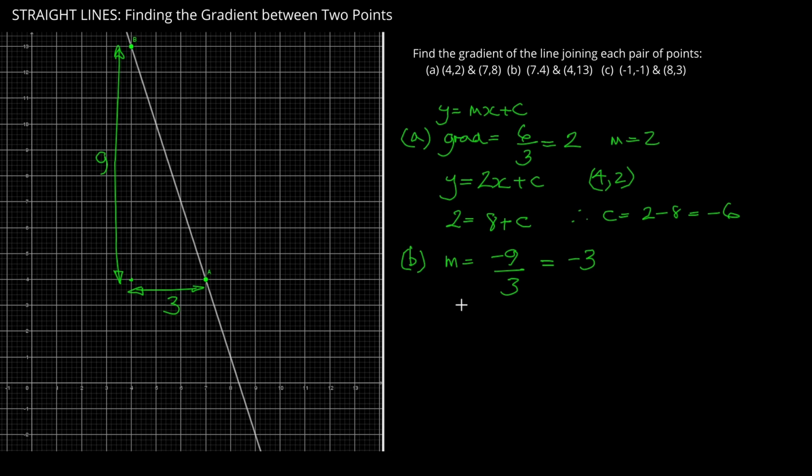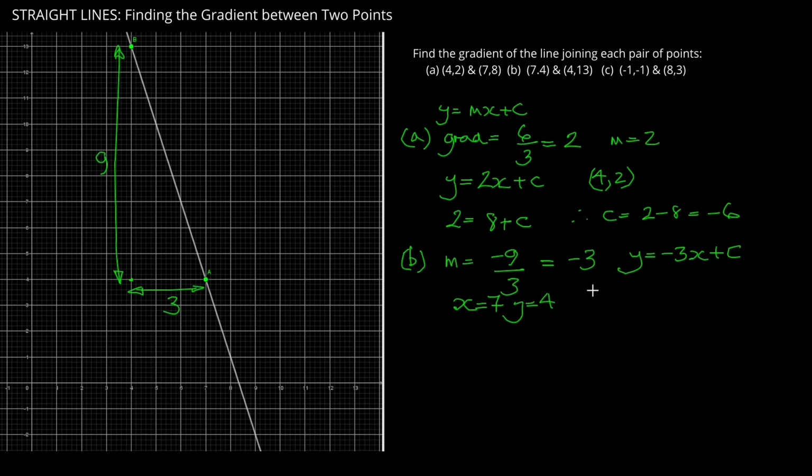Okay, yet again, we've got the gradient. So we've got one of the requirements in our y equals mx plus c curve, but we don't know c. But we can put in one of the two values. 7, 4 looks okay. So we substitute in x is equal to 7 and y is equal to 4 into that equation there.